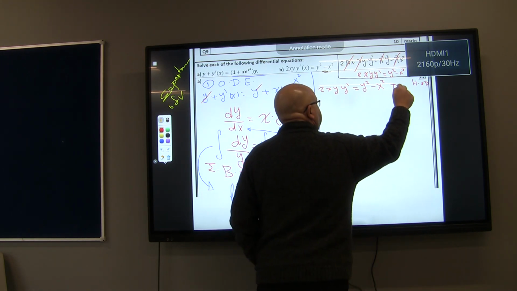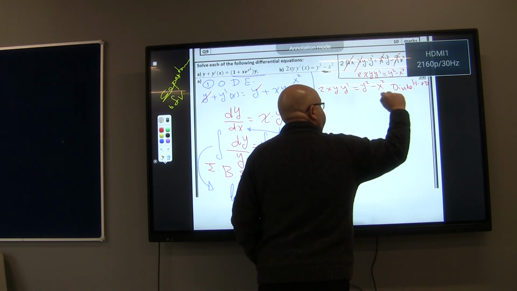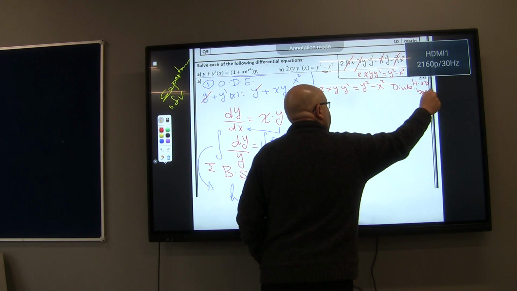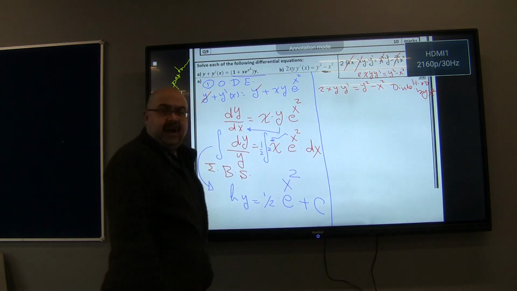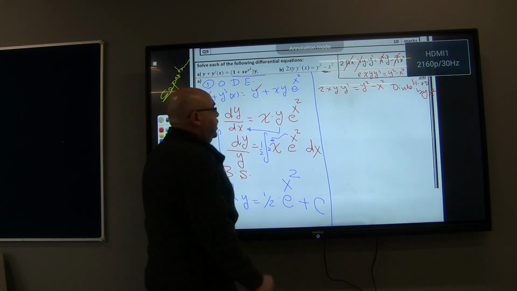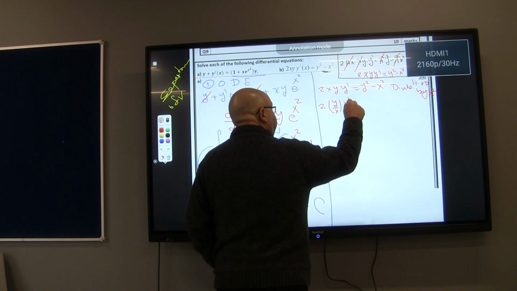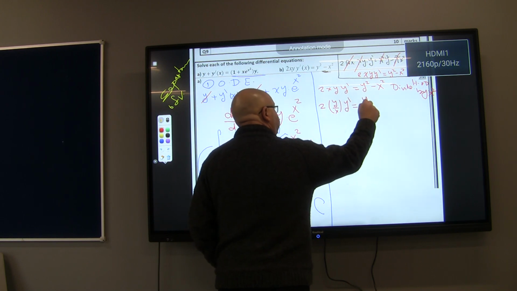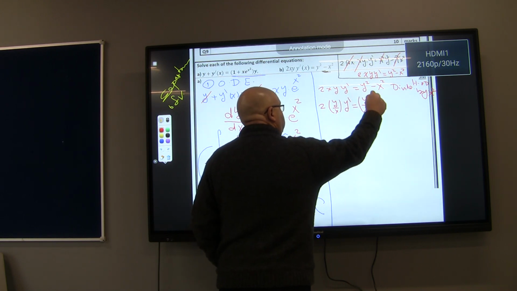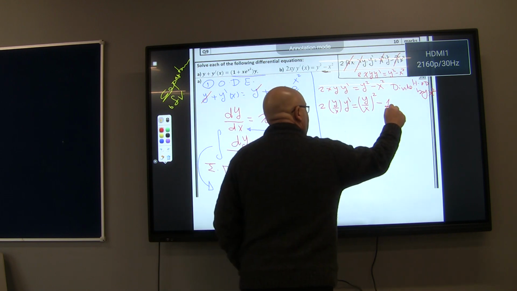Let's divide the whole equation by x squared. If we divide the whole equation by x squared, you will find 2 times y over x times y dash, which is going to equal (y over x) to the power of 2 minus 1.